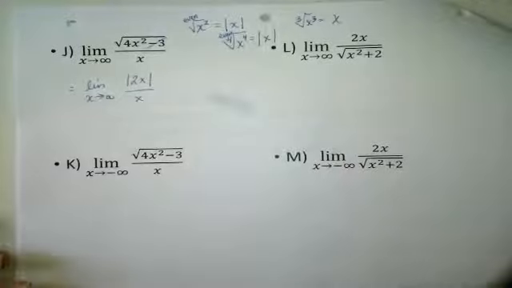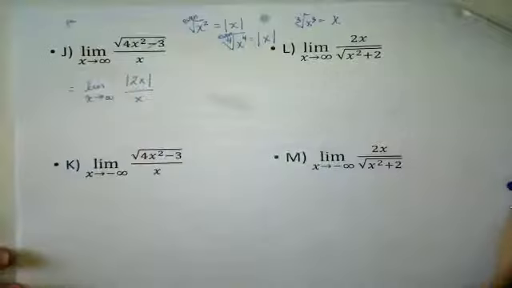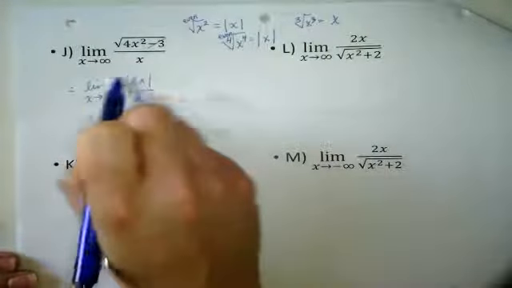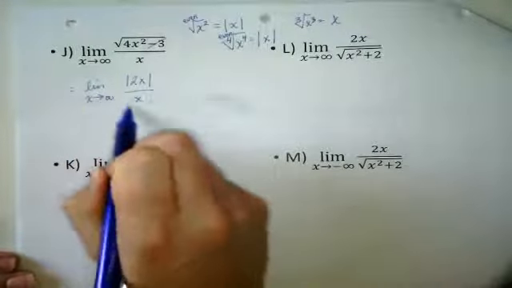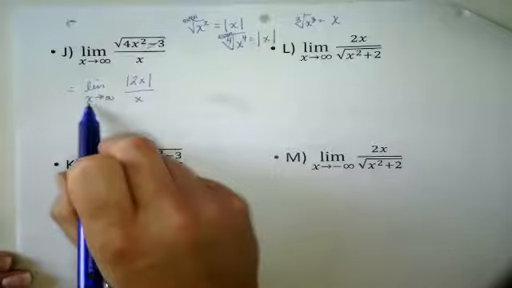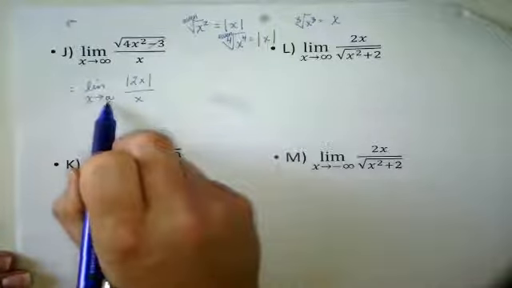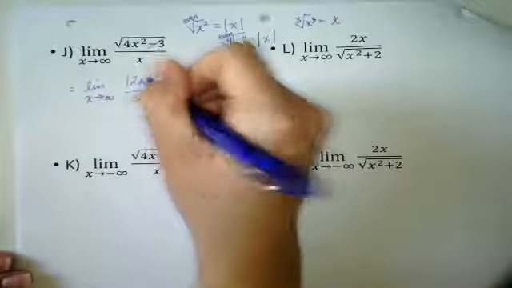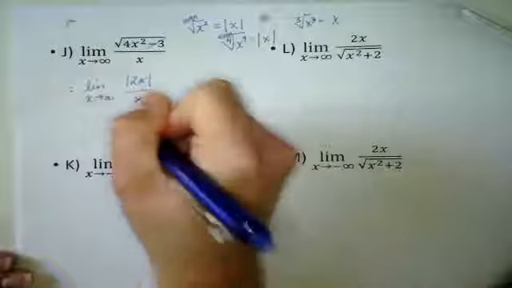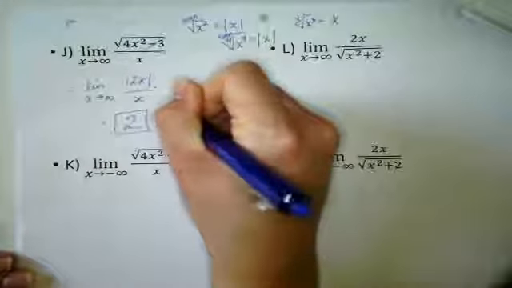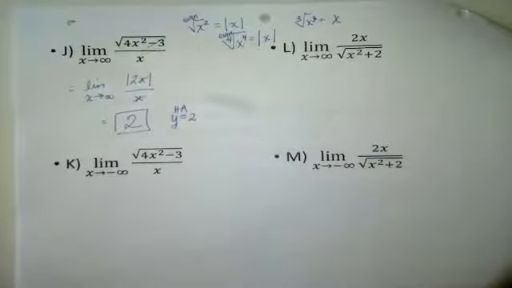In this case, we'd have to be careful if x was negative. The numerator is always positive, but the denominator can change based on what values of x we're interested in. So for positive large values, we would just have positive results, so we can ignore that. We're just going to get 2. So that would be a horizontal asymptote at y equals 2, graphically speaking.